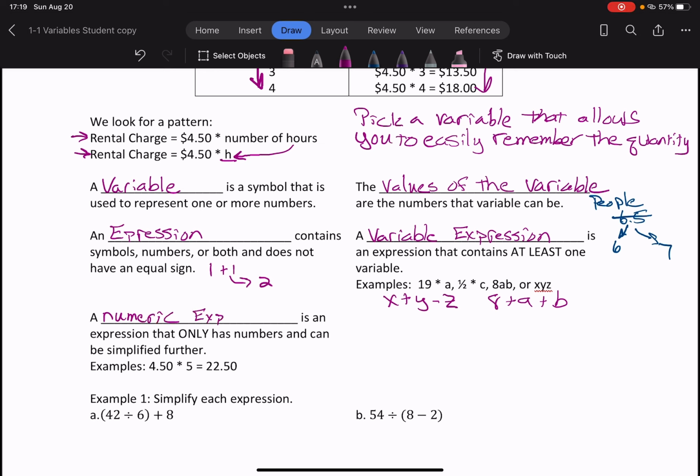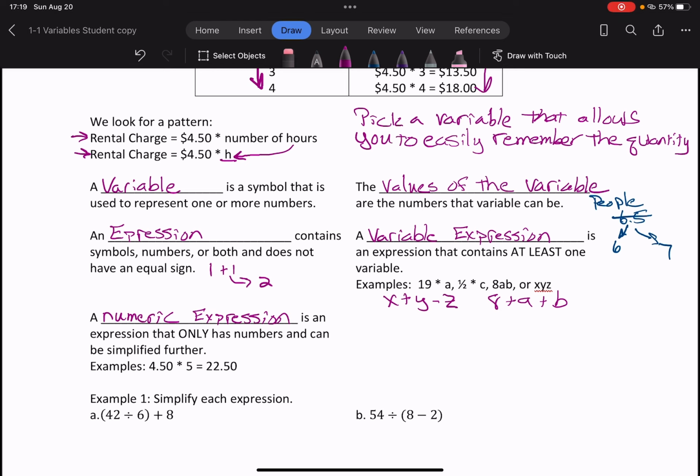Whereas a numeric expression is an expression that has only numbers and can be simplified further. Notice that I do not do anything with the x plus y minus z or the 8 plus a plus b because we can't add those together. I don't know what a is. I don't know what b is.